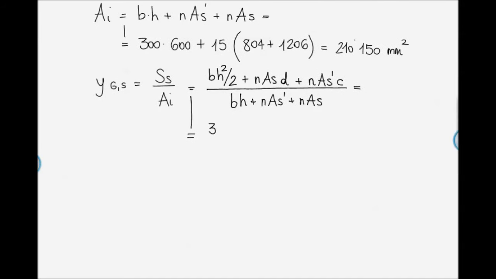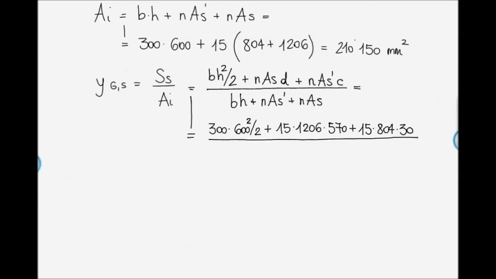So we have 300 by 600 squared over 2 plus 15 by 1,206 by 570 plus 15 by 804 by 30 over the value of the homogenized cross-section area we have already determined, that is 210,150.